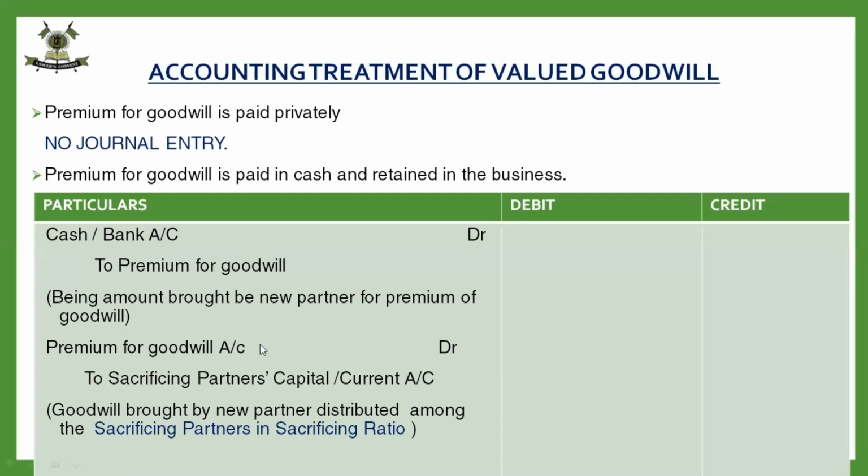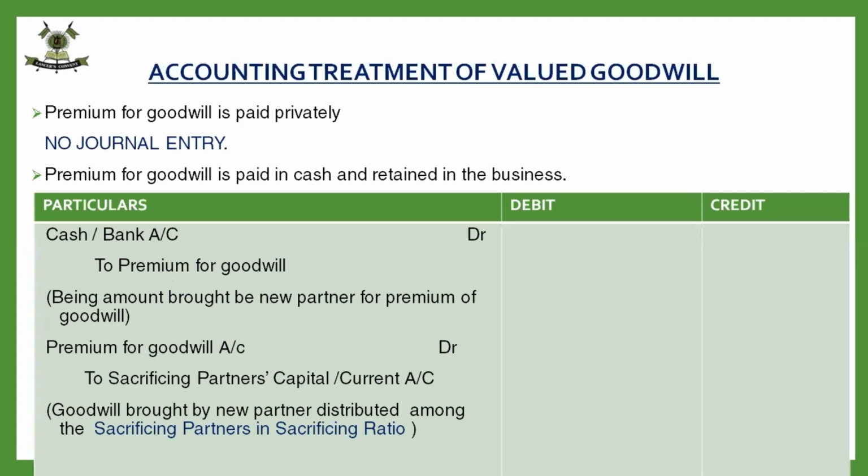We are not going to keep any word related to goodwill in the books, as per Accounting Standard 26. Though we are naming it premium for goodwill, that account will also not be kept in the books of account.